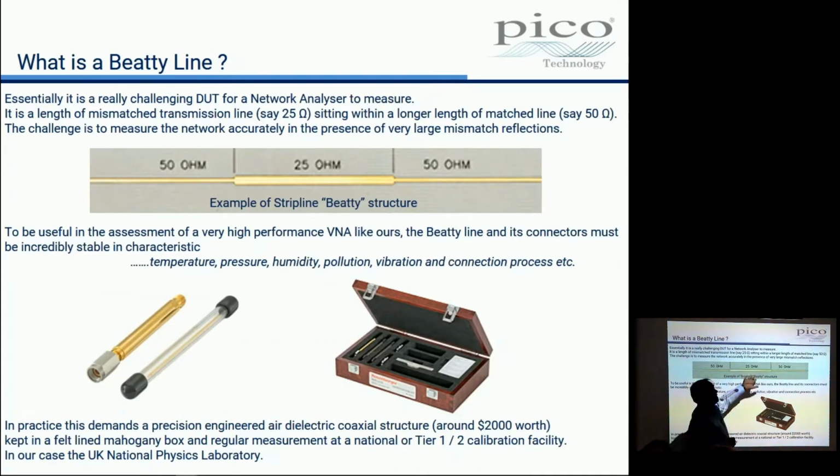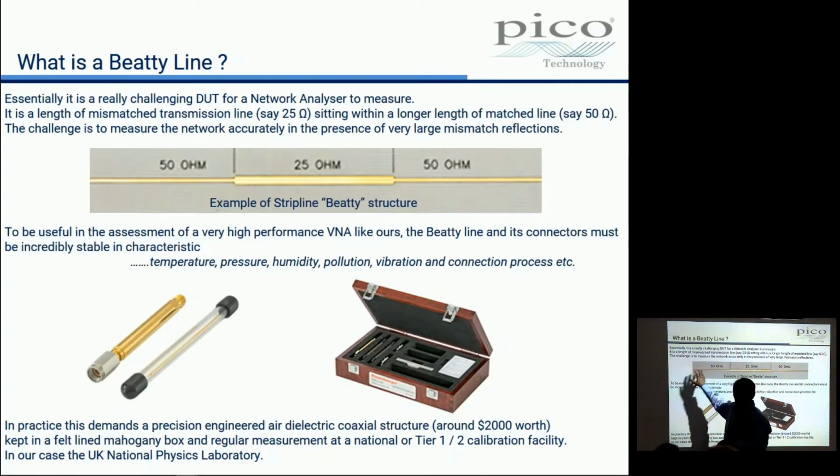So what we're going to try and do is measure the line impedance, 50 ohm, 25 ohm, and 50 ohm. We're going to try and find the S parameters of that, which is particularly nasty because it's going to be reflecting a horrible level of reflection off the 25 ohms. That's what a BT line is.